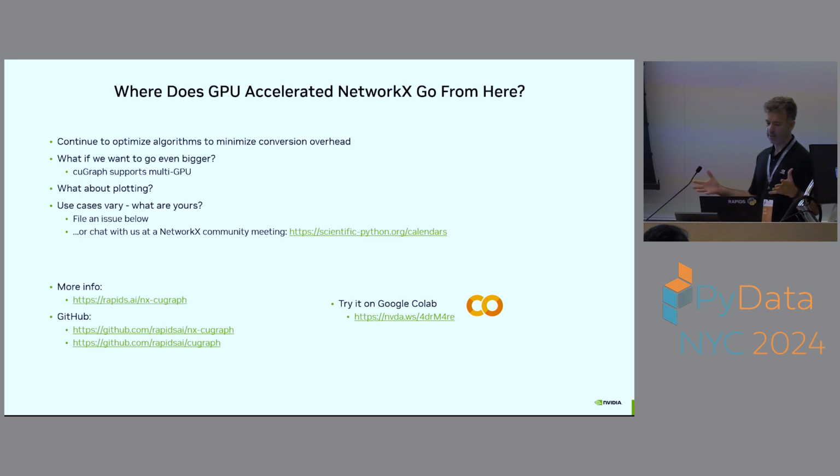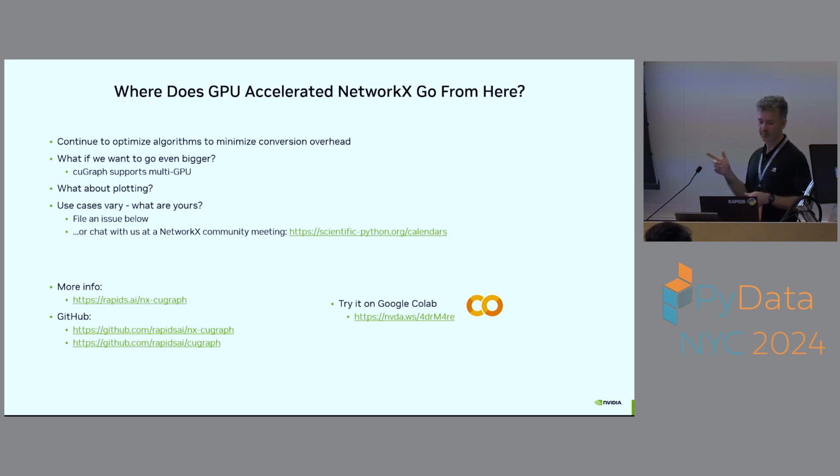So where do we go from here? Well, like I showed you in that slide, not all of our algorithms are getting the tremendous speed up that we want. There's a lot of overhead, like I mentioned, and various conversions that go from the optimized GPU representations to the flexible Python ones. So we want to improve on that.